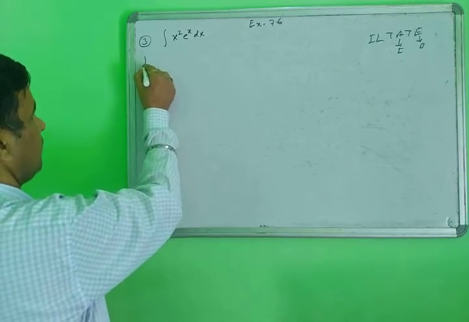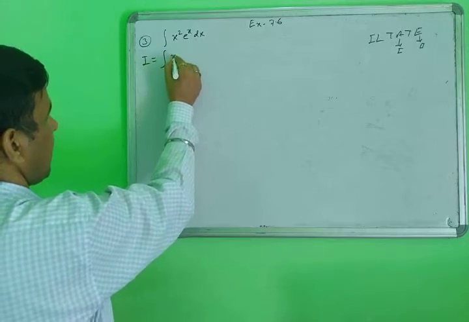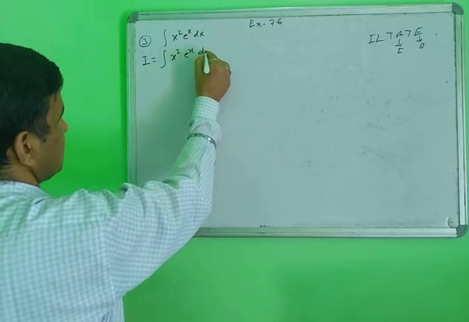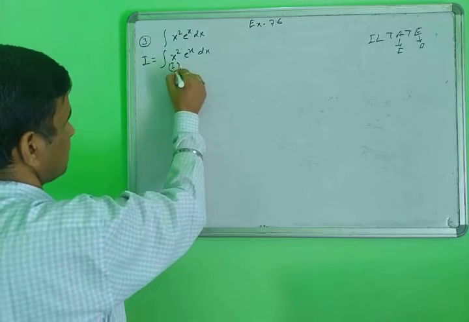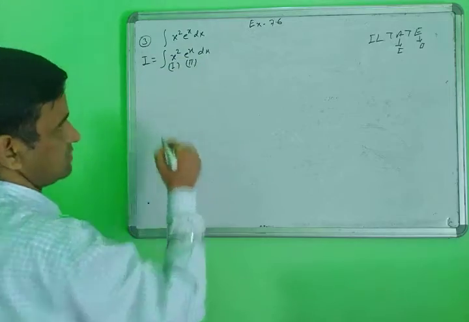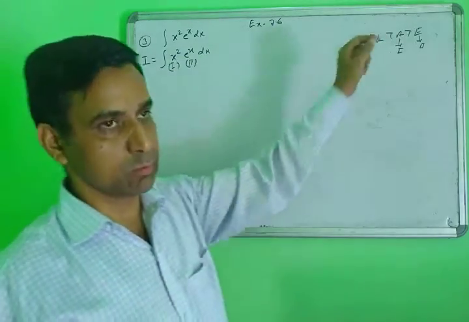So now, first we will take I equal to integral of x square e exponent x dx. This one is the first function and this one is the second function according to ILATE.